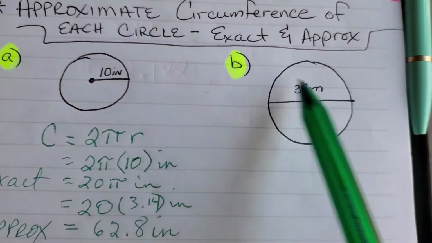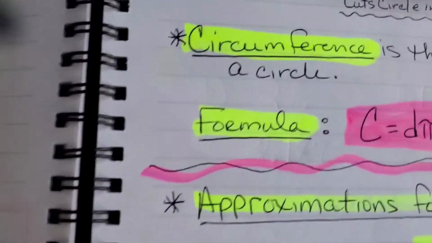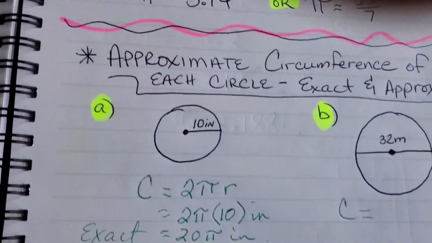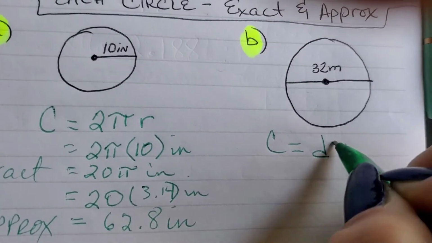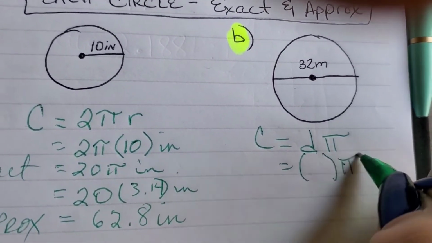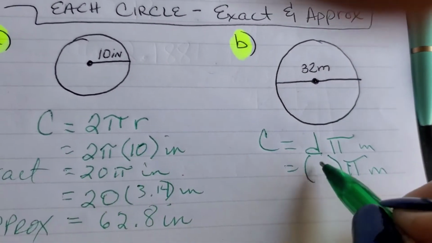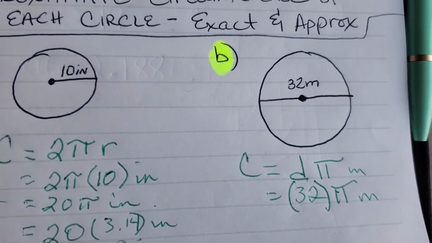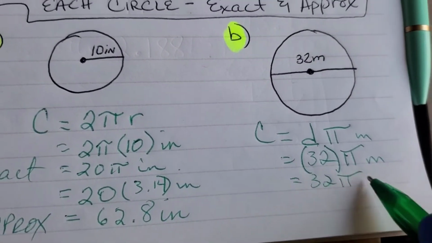Now what if we're given the diameter already? Then we can just rewrite our formula. Let's double check: diameter times pi is the formula we'll use for this one. I'm going to substitute in for my diameter and keep my measurement at the end, meters. So 32 goes in for my diameter, and we rewrite it as 32 pi meters.